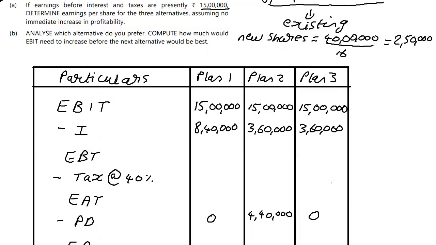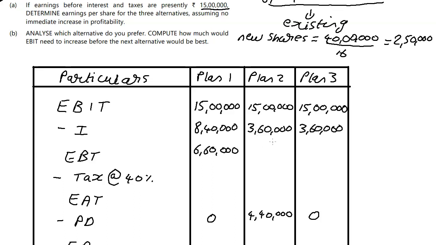Alright, now we go ahead and do the math. We have 15 lakhs minus 8,40,000, which gives us 6,60,000.